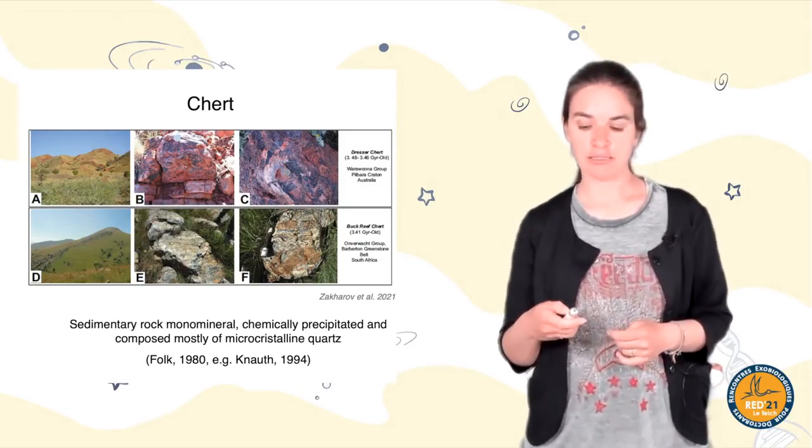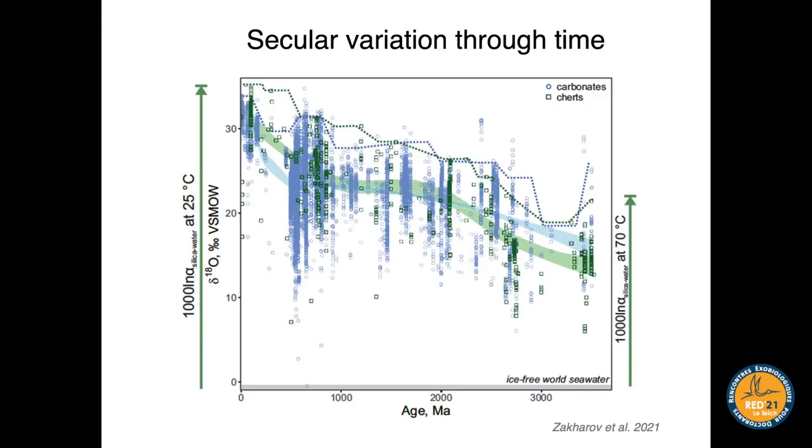And so on this diagram, published by David Zakharov last year, you can see the evolution of the delta 18O of the water, and you can see the age in millions of years. The blue is carbonate, and the green is the chert.